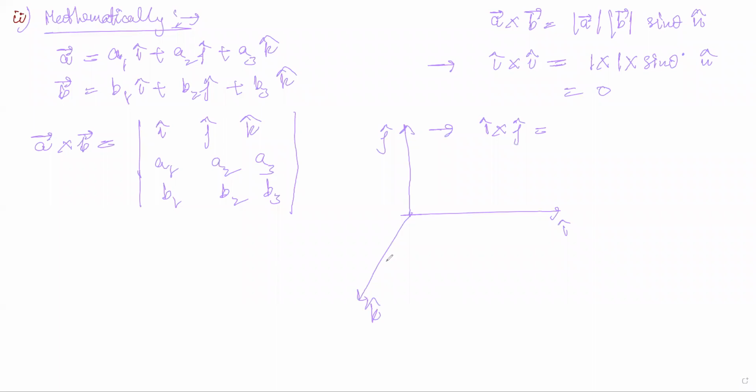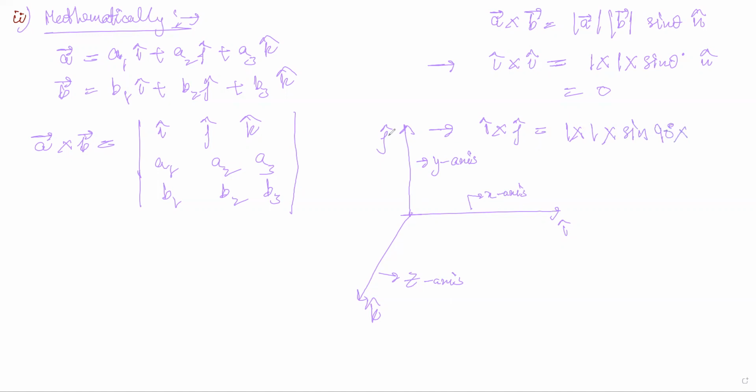This is for z-axis, this is for x-axis, and this is for y-axis. So if I multiply i with j, i cross j would be what? Magnitude of i is 1, magnitude of j is 1, into sine 90. The angle between them would be 90, which is again 1, into a vector perpendicular to both of them.